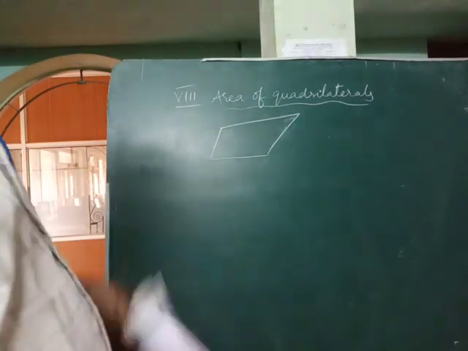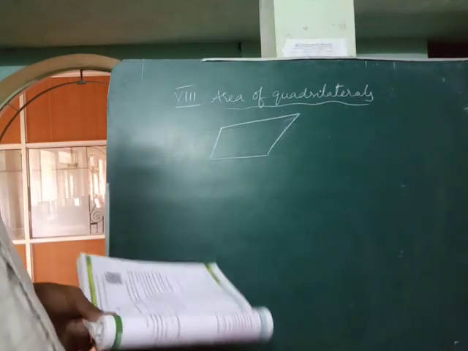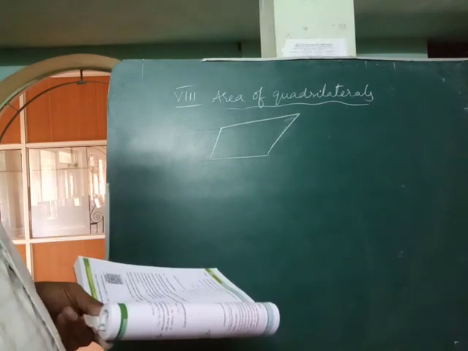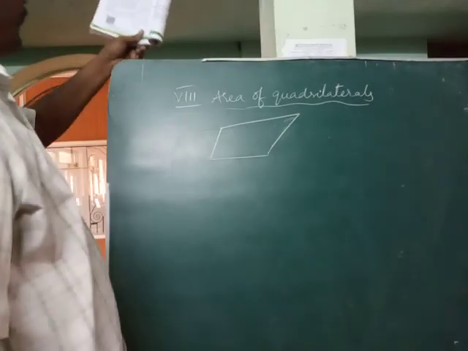In this figure, this is a quadrilateral. Any two sides are not parallel. So this is called quadrilateral.